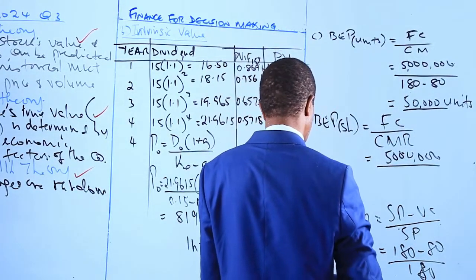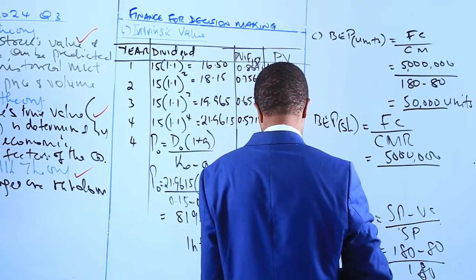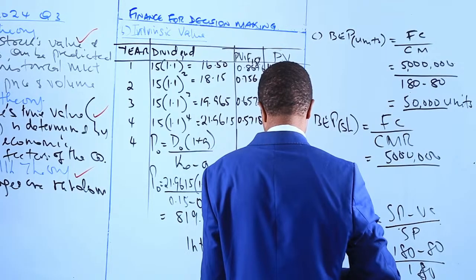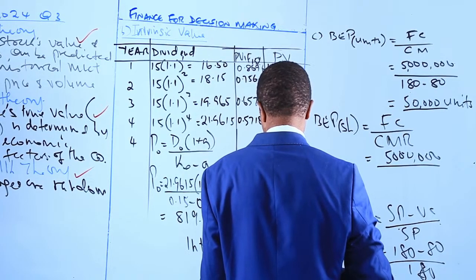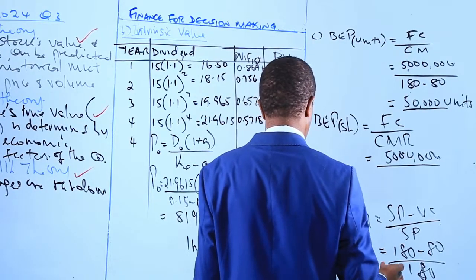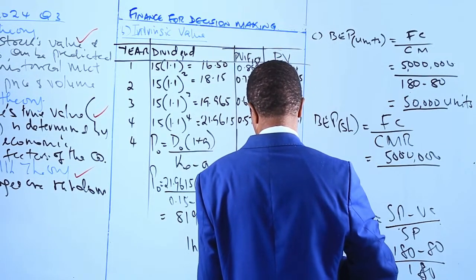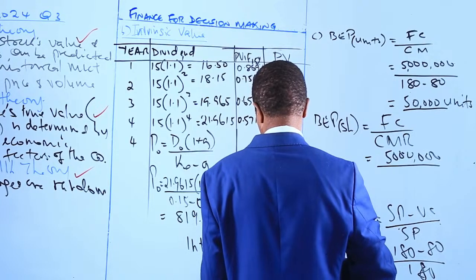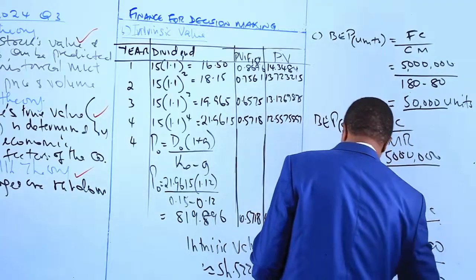So 180 minus 80 is equal to 100. 100 divided by 180 is equal to 0.5555555.